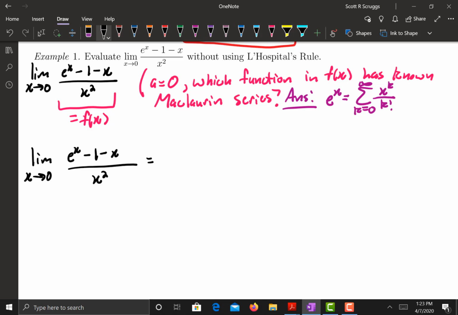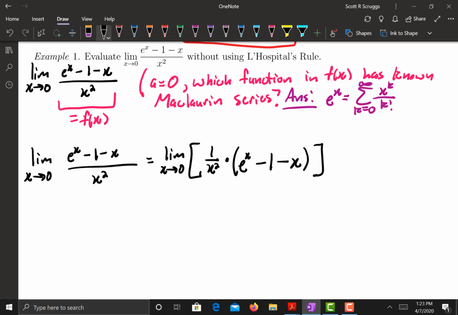Since it's going to be nasty having that whole thing in the numerator with an x squared, what I'm going to do first, for presentation purposes, is rewrite my function f of x as 1 over x squared times e to the x minus 1 minus x.